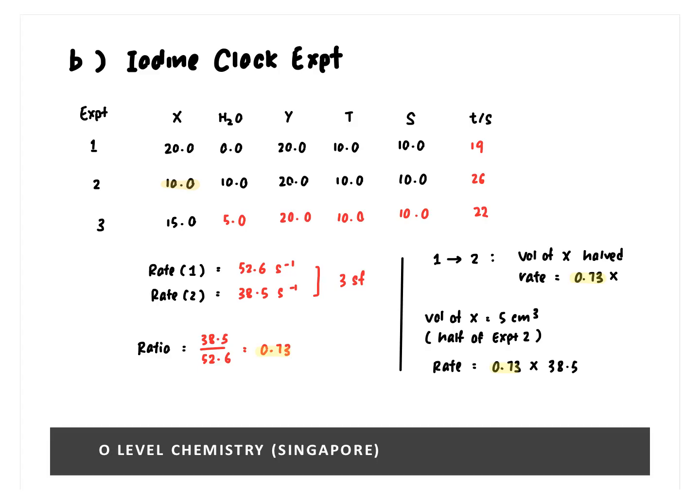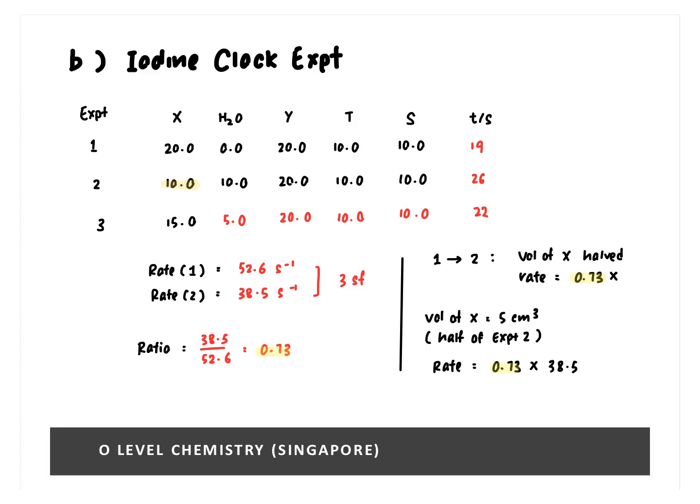Subsequently, in the next part of the question, you were asked to predict the rate of an additional experiment where the volume of X used was 5. Now, it's important to note that from experiment 1 to experiment 2, where the volume of X is half, the rate became 0.73 times. So the rate of experiment 2 was 0.73 times of 1.